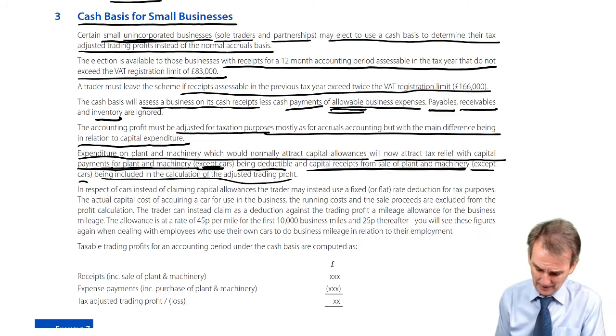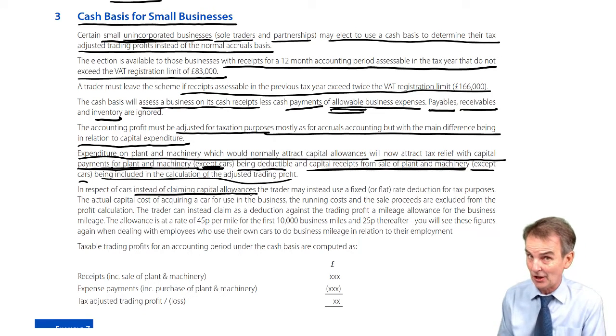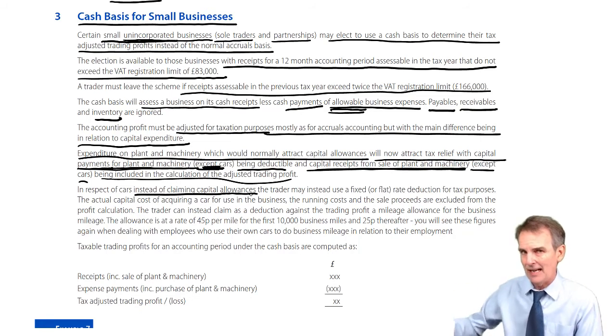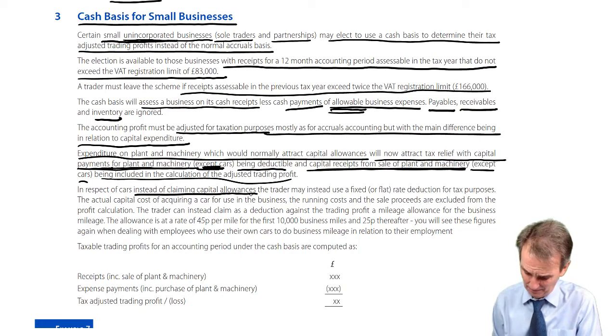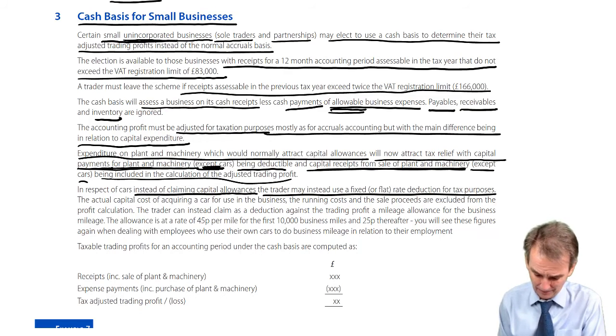Well, there's a choice. In respect of cars, instead of claiming capital allowances, so that is still an option, but to make it easier, so we don't have to get involved in the capital allowances system, the trader may instead use a fixed or flat rate deduction for tax purposes. How does this work?